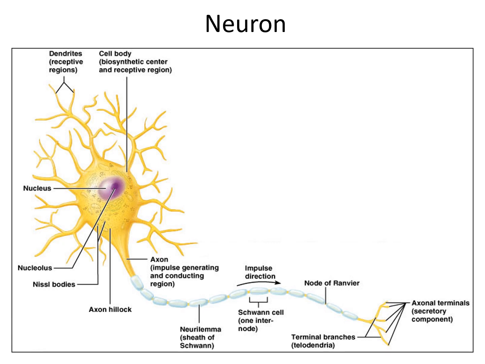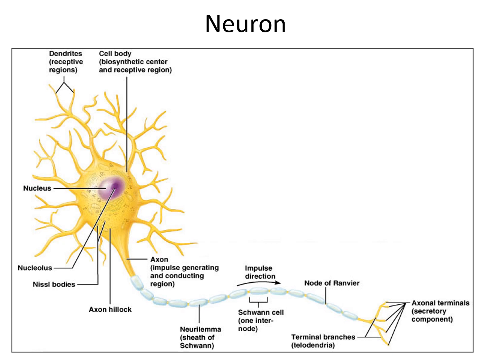Then we can see the structure called the axon hillock, which connects the cell body and the axon. From the axon hillock the axon arises, and basically any impulse is generated from the axon hillock. Then we can see the axon, which is covered by the myelin sheath.